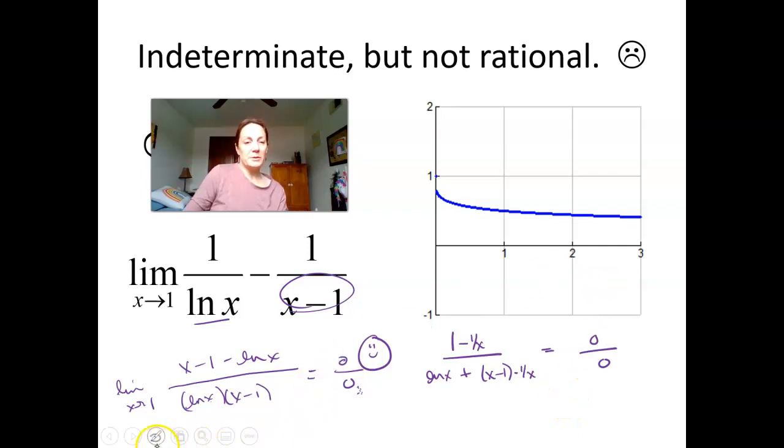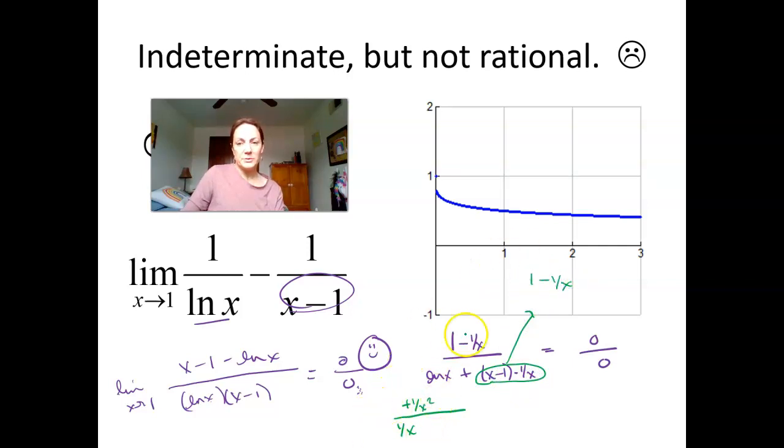So if we L'Hopital this a second time, on top I get positive 1 over x squared. On the bottom I get 1 over x. I'm going to do a quick rewrite here so I don't have to use a product rule. If you FOIL this out, you get 1 minus 1 over x. I really don't want to have to do a product rule, so I'm going to do a little algebra instead.